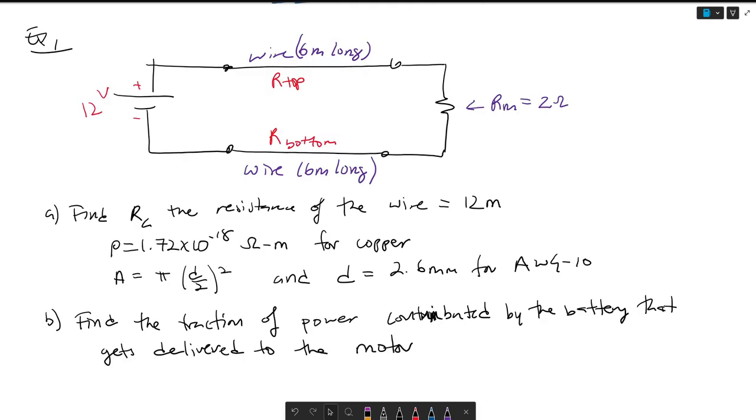So here's the question that we have, the first example. Essentially, you have this 12-volt battery right here that is being attached to a motor, which has a resistance of 2 ohms. And the reason why this resistance is so low for a motor is because we want a lot of current flowing through here, right?